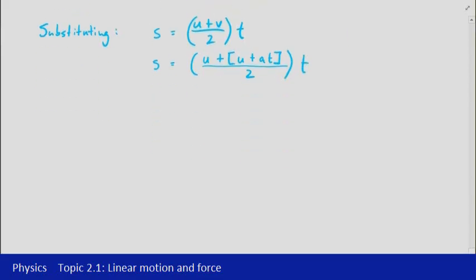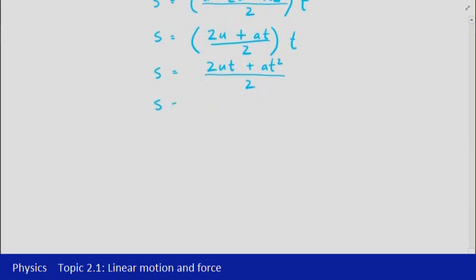Now it's basically just a bit of algebra. If we remove the brackets inside, we get s is equal to 2u plus at all divided by 2 multiplied by t. I'm going to expand the brackets first, so we then end up with 2ut plus at squared all divided by 2.